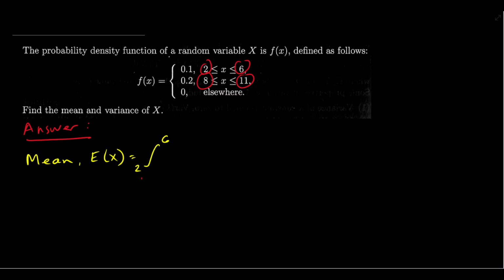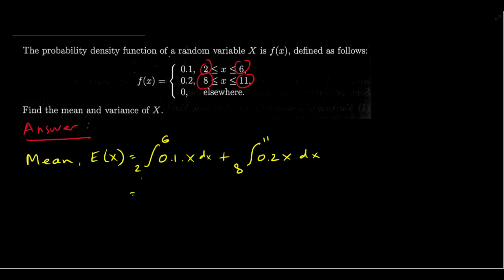So in this case the value of that function is 0.1 times x, and then the next one, for the integral between 8 and 11, the value is 0.2 times that function, times x, dx, both cases.